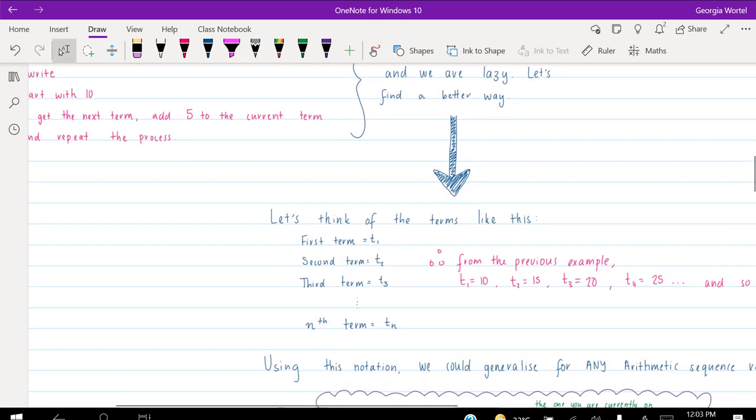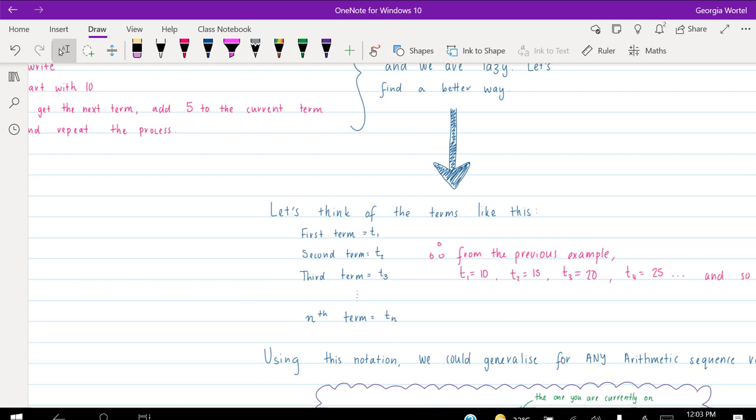Okay. So let's think of each term in the sequence as something to do with T. So the first term is T1, the second one's T2, T3, T4, and so on. We don't know when the sequence stops, so we're just going to say Tn. So we're going to denote the last number in any sequence as Tn, so that's the nth term.